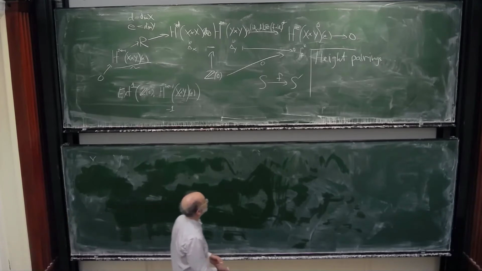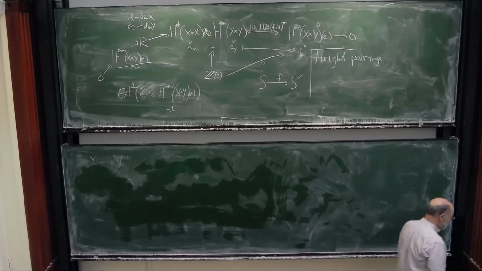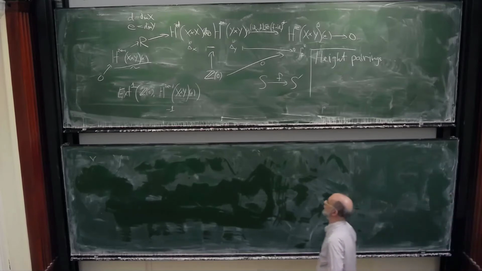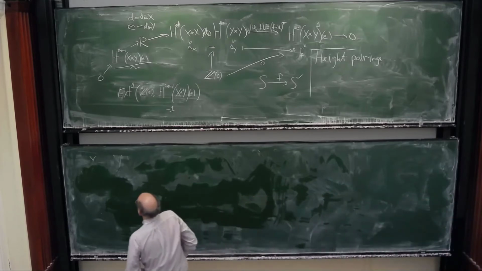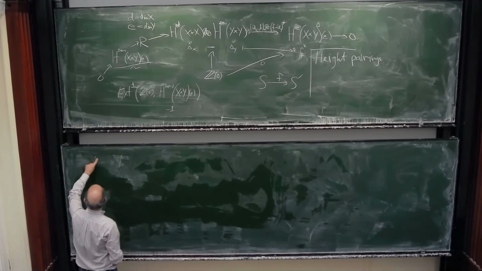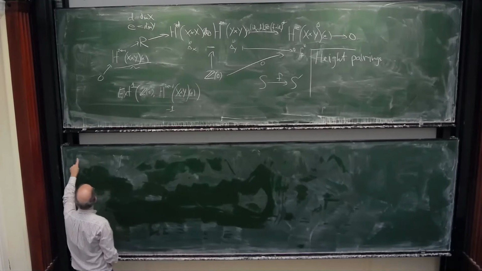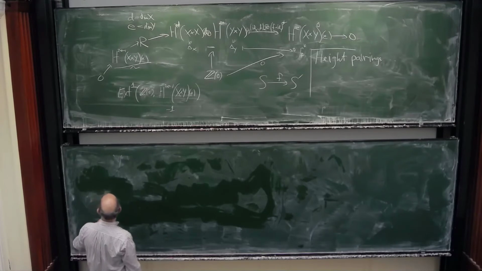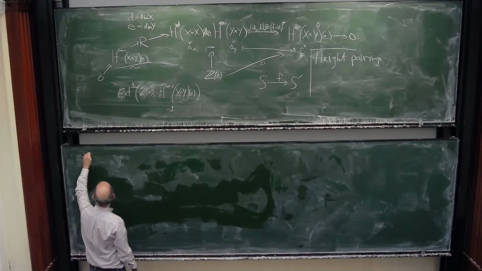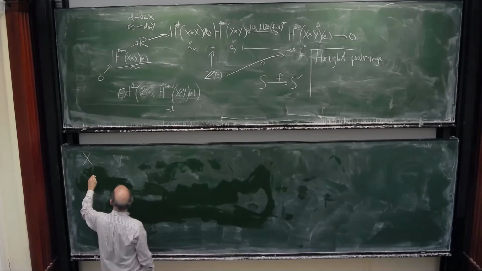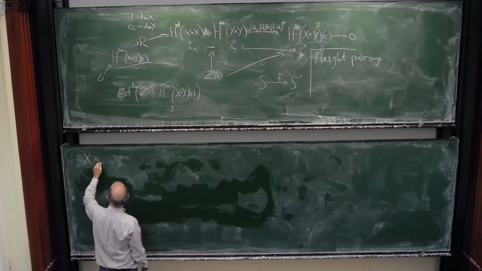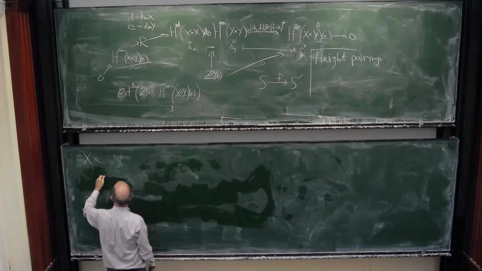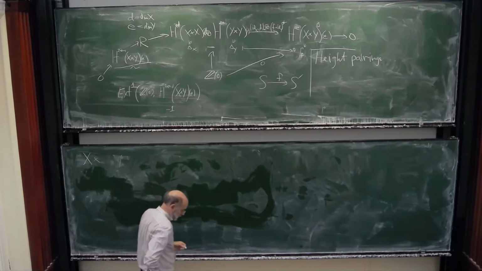Now I've lost the thread here. Let's see, what am I doing? Oh yeah. So let's change the subject a little bit and try to get some numbers. One way to get numbers is to replace our smooth projective variety by a product of a smooth projective variety with an affine space.